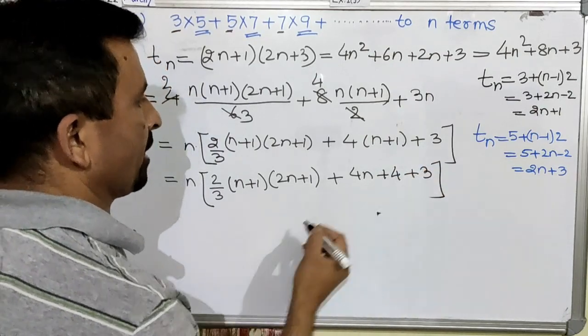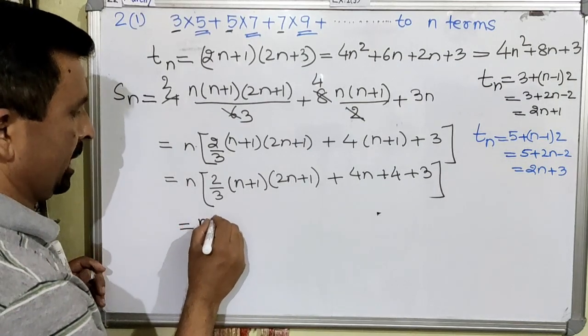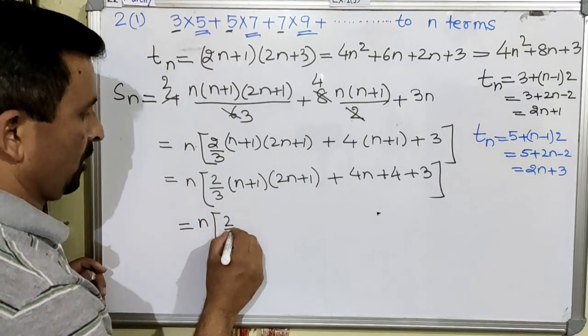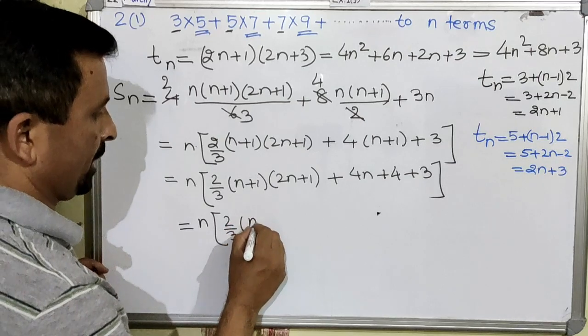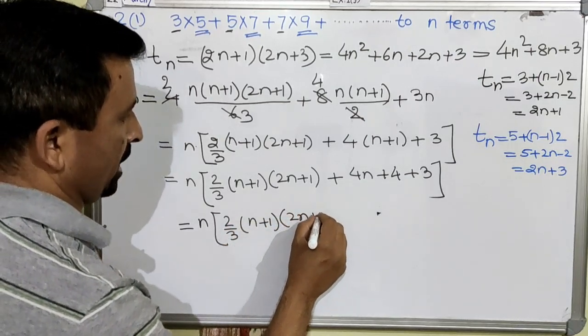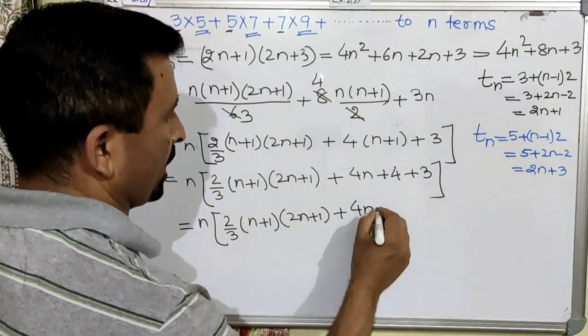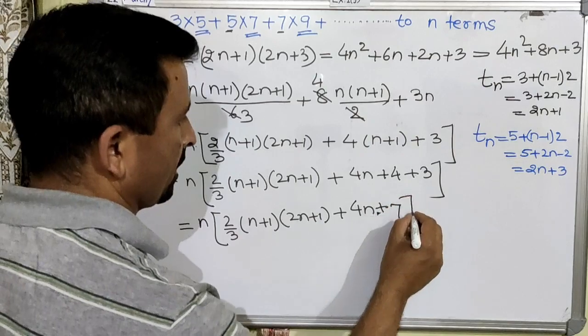So finally can we have the sum of this? This is equal to n into 2 over 3 n plus 1 into 2n plus 1, and this is 4n plus 7.